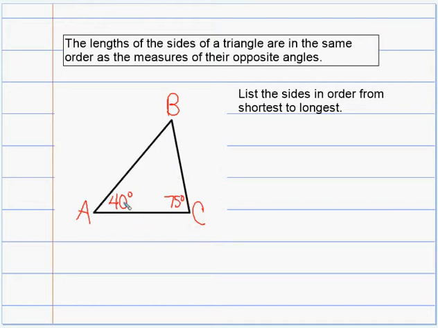We don't know how big they are, but we know the order comparing one to another. So we're going to list the sides of this triangle in order from shortest to longest. But if you look at the triangle ABC, we have angle A is 40 degrees and angle C is 75 degrees. So we first need to find angle B.